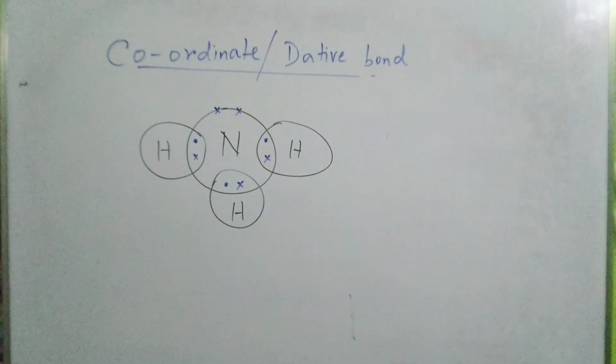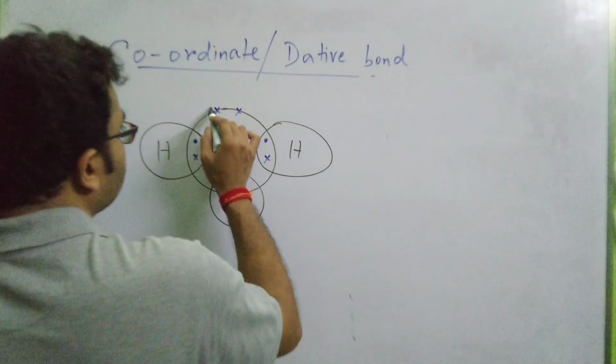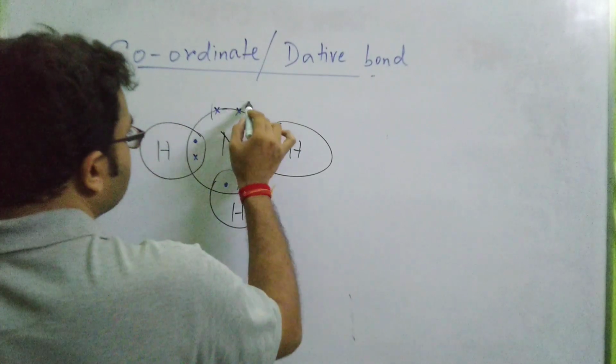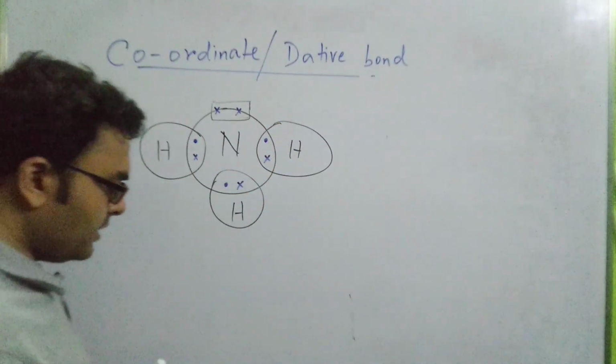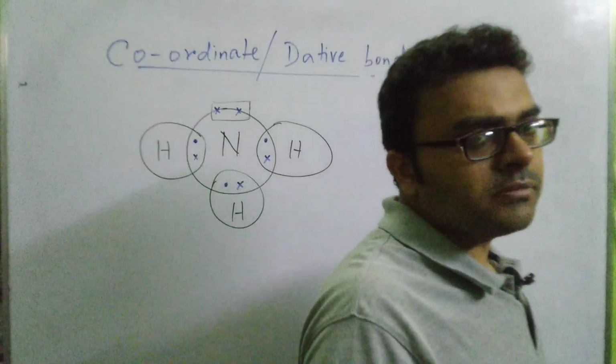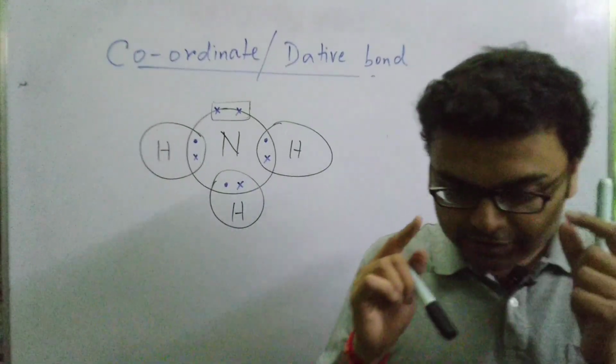They are not involved in any kind of bond. We have mentioned that this kind of electrons, not actually free electrons, but electrons which are not participating in any bond and are present only in the outer shell of the atom, are regarded as the lone pair of electrons.